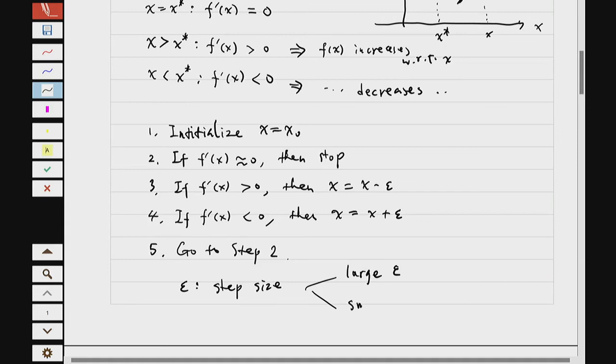What are the differences? If it's too large, you can go out of bounds and just keep ping-ponging around the optimal. You're far away from the optimal. But then, yeah, it takes longer to train.